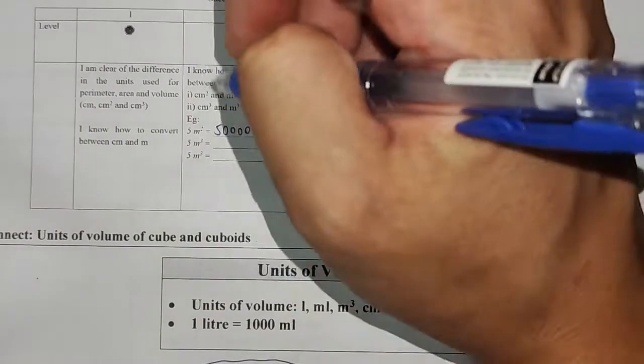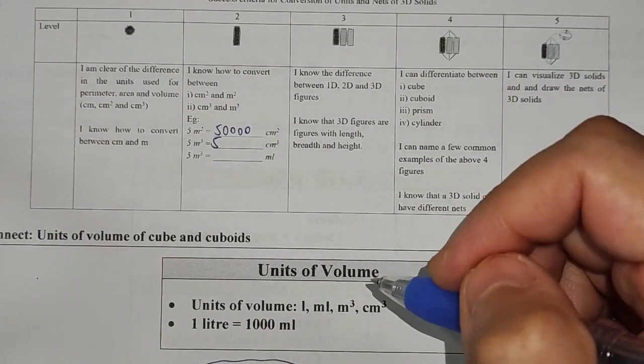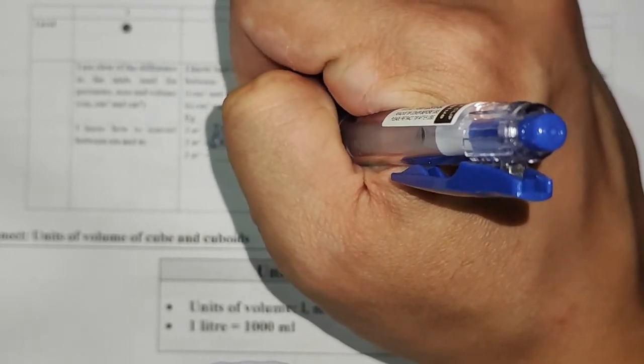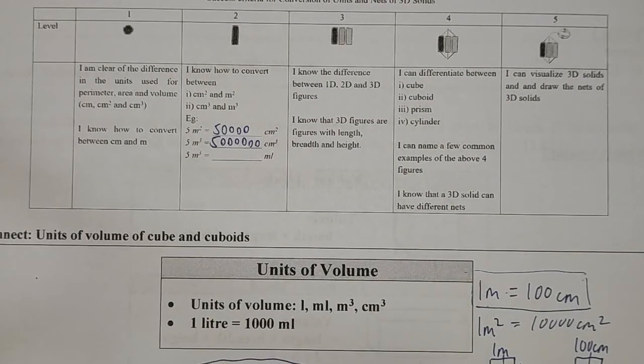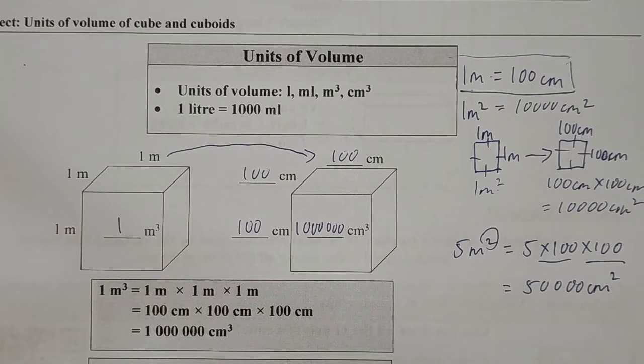Same thing, I need to multiply 5 by 100 3 times, so that will end off with 6 zeros. That is how we convert from meter cube to centimeter cube.